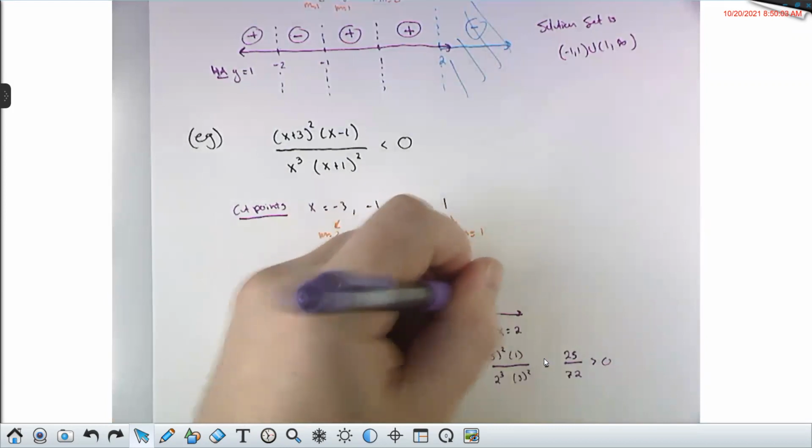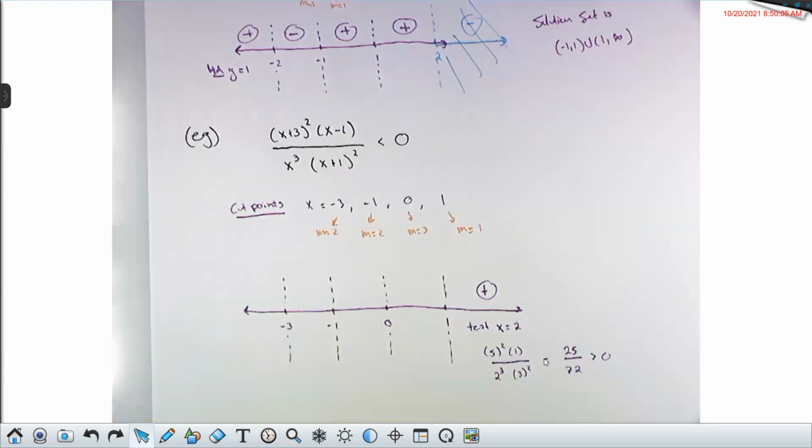So we're positive here. Now, as I jump over the 1, am I going to change sign or not? Will I stay positive here like I am over here, or will I flip to being negative? Remember, it has to do with whether the multiplicity is even or odd.